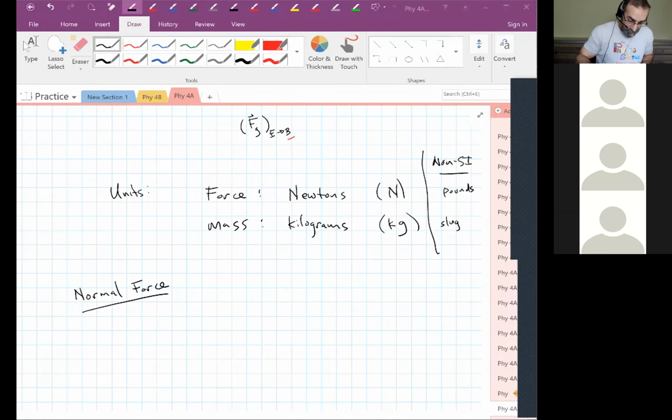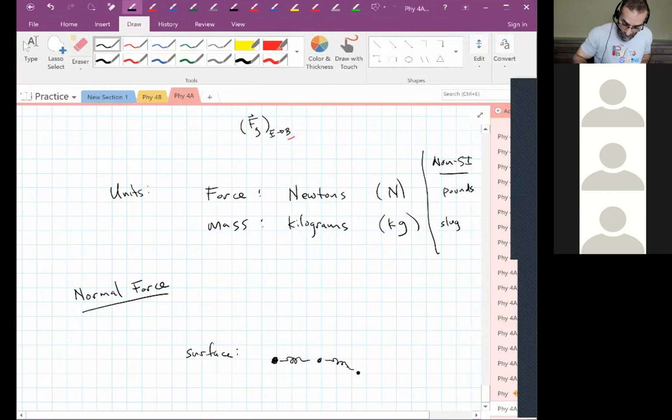If we zoom in with our microscope on the surface, we've got an atom or a molecule over here, with some kind of a bond to another one, and another, and another. And we had something sitting here, right?